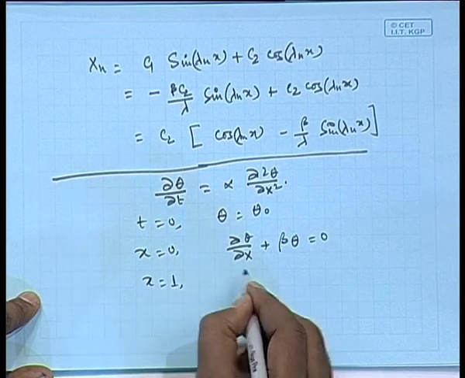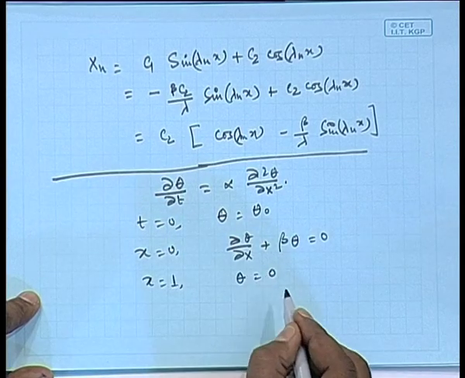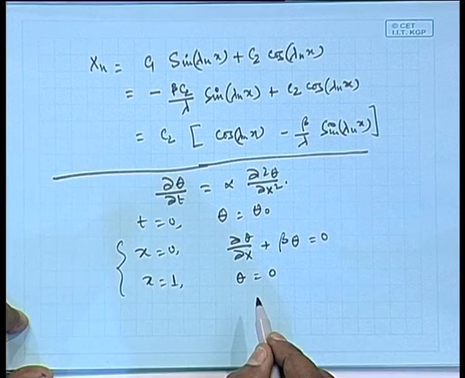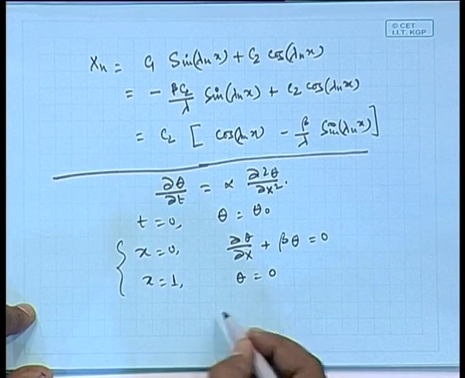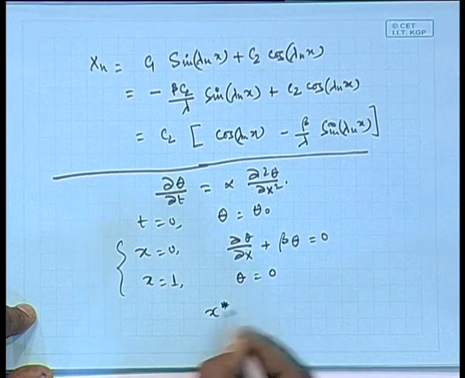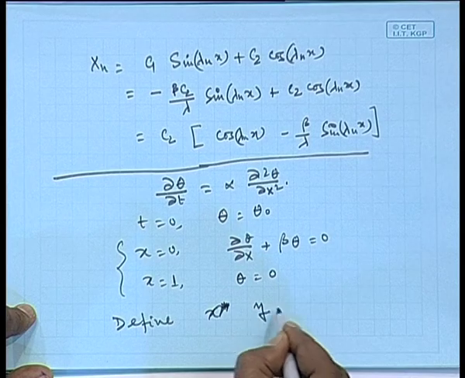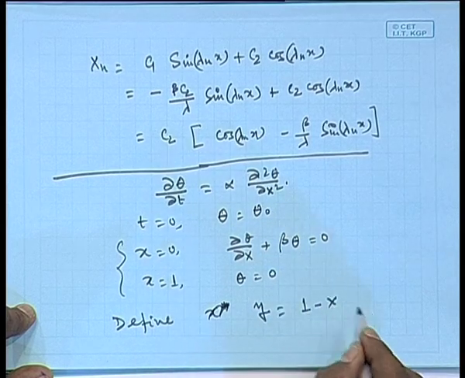At x equal to 1, theta was equal to 0. You change the definition of x. You define x star, let us say y, as 1 minus x.